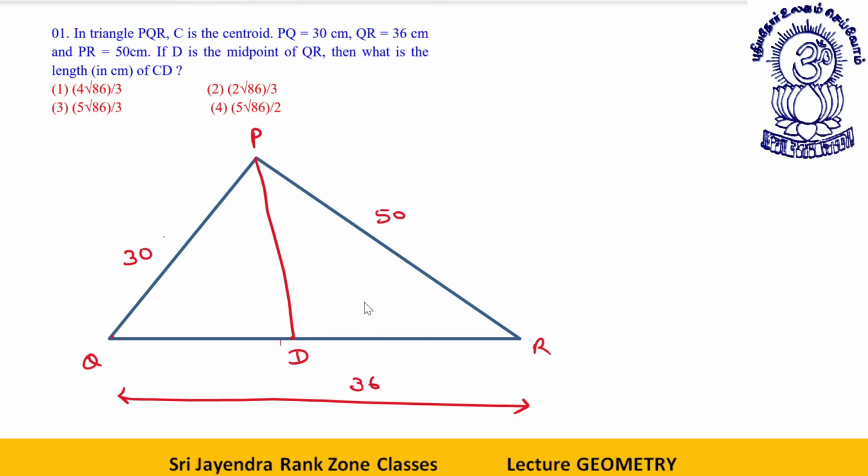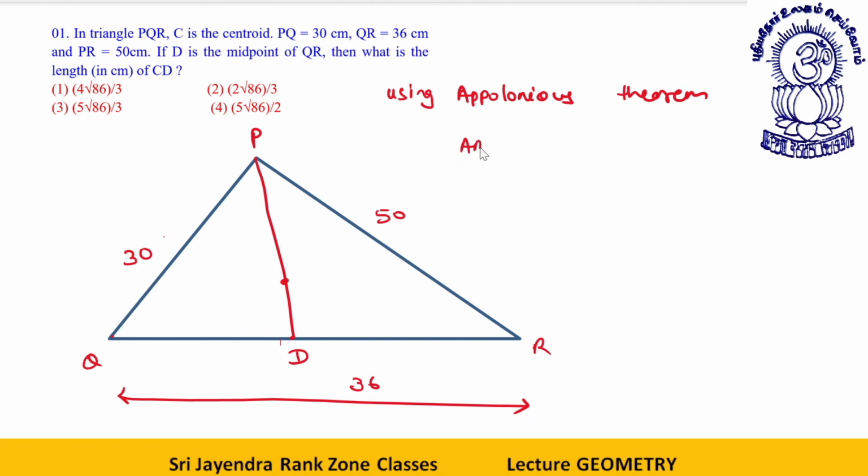Now D is the midpoint of QR. Then what is the length of CD? What is the length of this CD, given that C is the centroid? We will come to CD later on, but let's start by using Apollonius theorem. Using Apollonius theorem, what do you get?